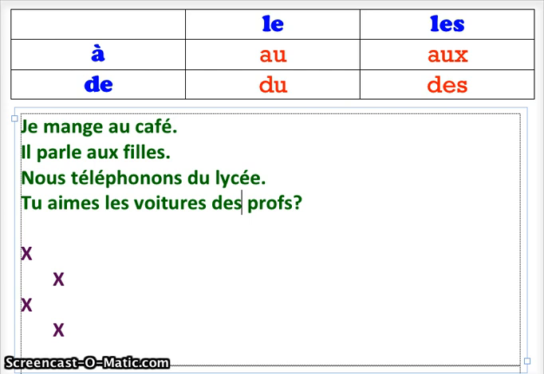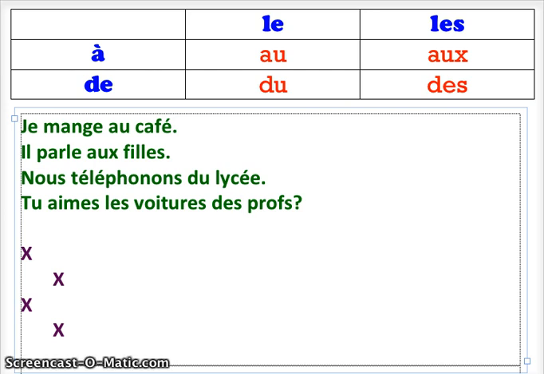Now, what you also should notice here is that there is no contraction made between à and la, the feminine singular definite article, nor is there a contraction made between à and l apostrophe. In those cases, we just leave them alone.